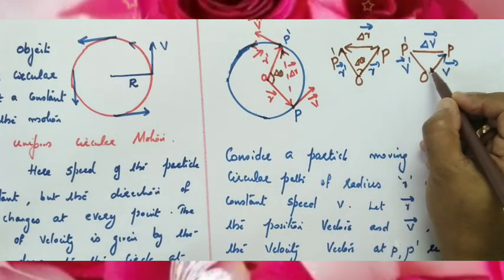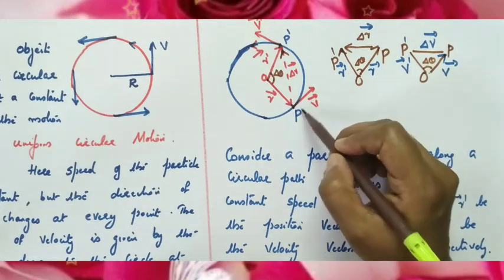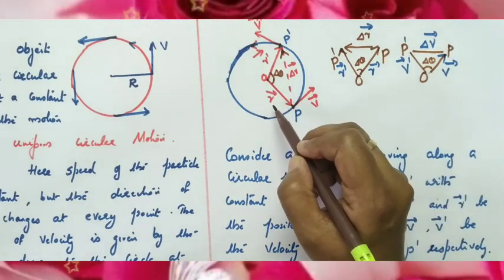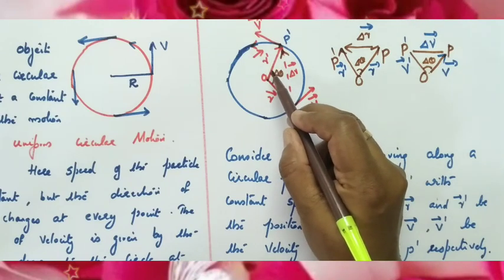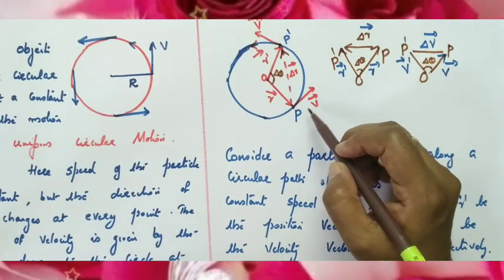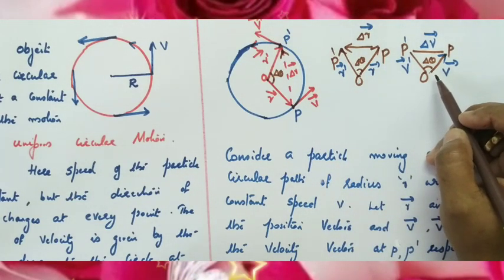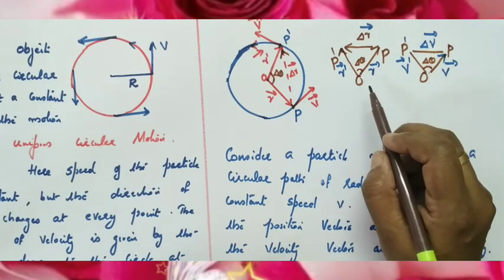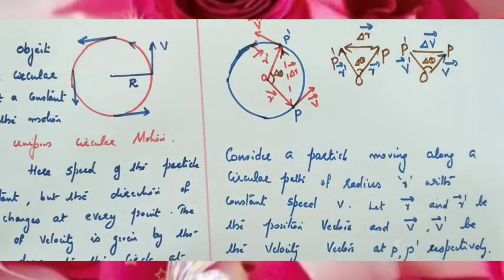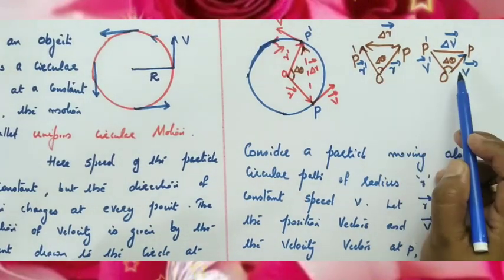Clear? So what is the angle between them? This is also delta theta, because this velocity is due to the position vector r. If there is an angle between r and r dash, that angle is delta theta. Surely there is an angle between vector v and vector v dash, and that will be delta theta. Consider these two triangles formed by position vectors and velocity vectors.